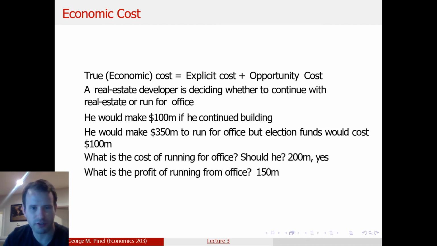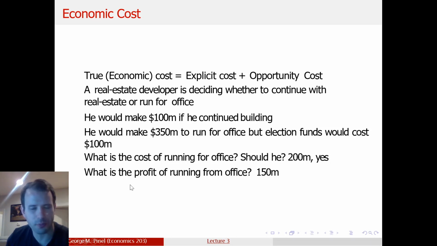What is the cost of running for office? The true economic cost of running for office is $100 million in explicit cost plus your opportunity cost of $100 million. So your true economic cost is $200 million.